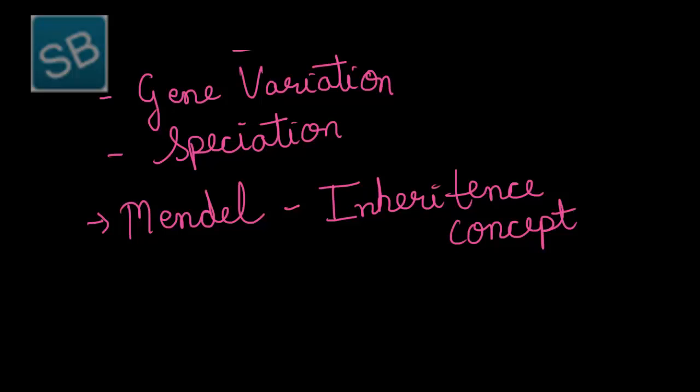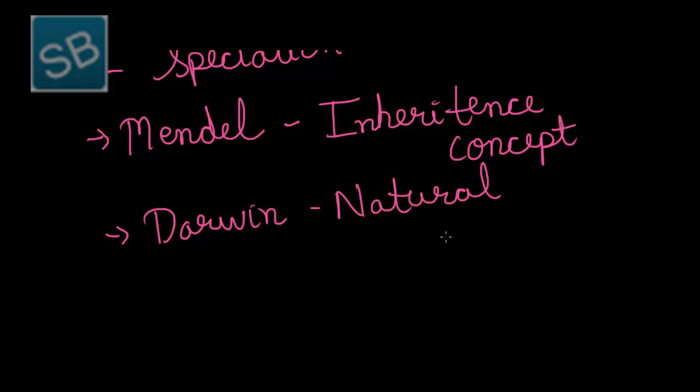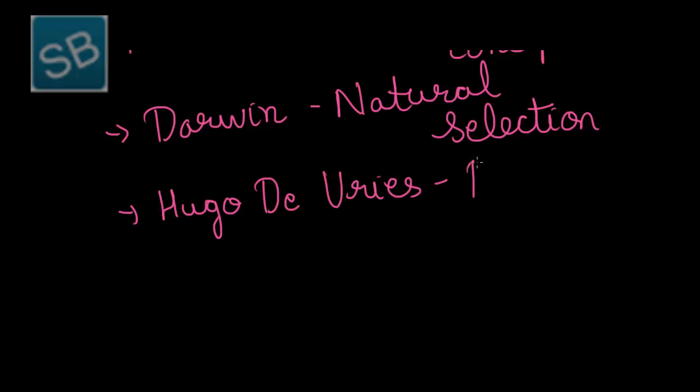Apart from this, Darwin explained natural selection and Hugo de Vries, who gave the de Vries theory, explained the concept of mutation, on the basis of which the evolution mechanism can be understood.